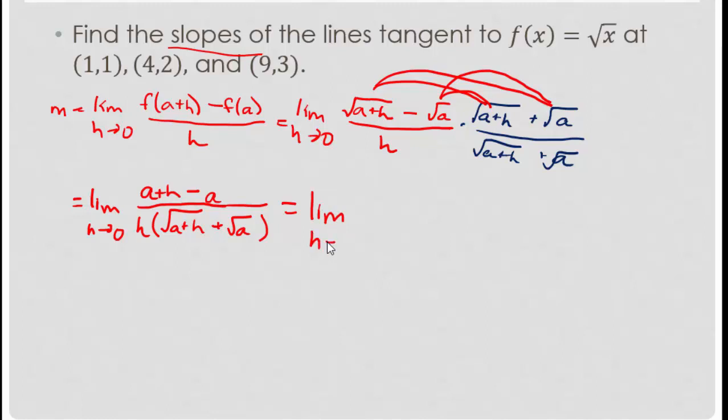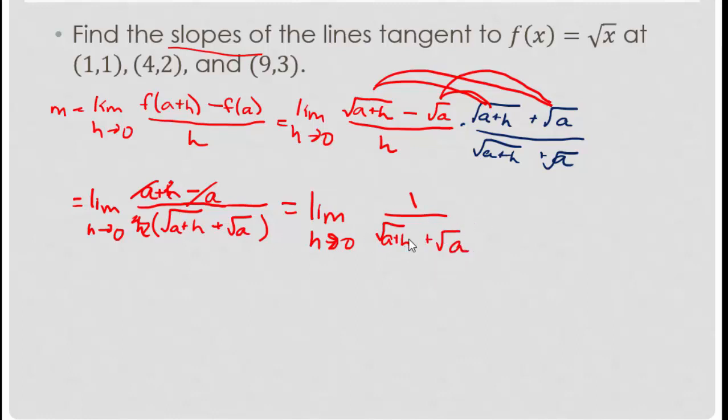So if you notice in your numerator, you've got a minus a, those are going to cancel. So all you're left with is h. Well, that means now I can cancel the h's. In my numerator, I'm just left with 1. And in my denominator, I'm left with the square root of a plus h plus the square root of a.